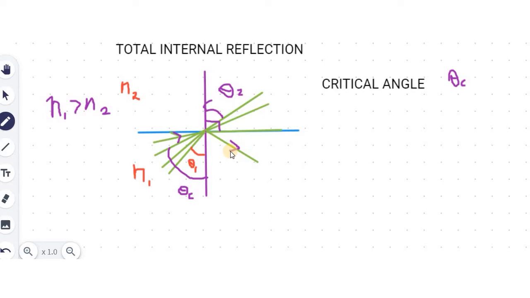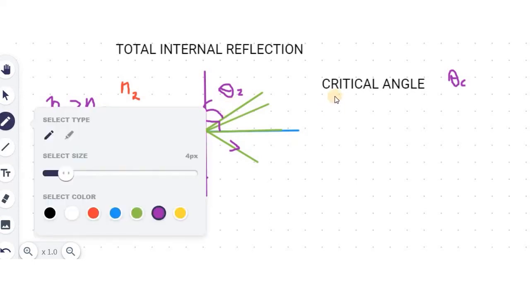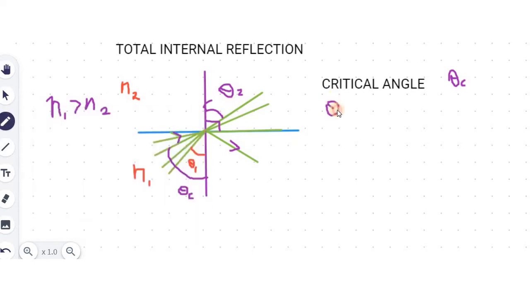So I can write sin theta 1 by sin theta 2. Theta 1 is the angle of incidence.